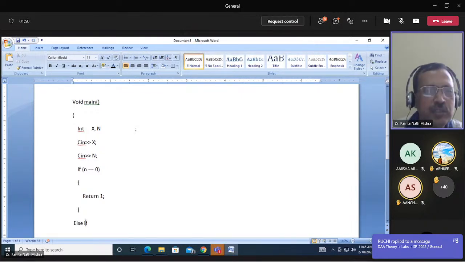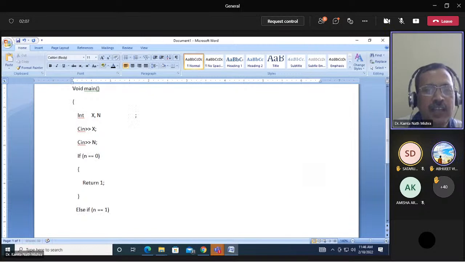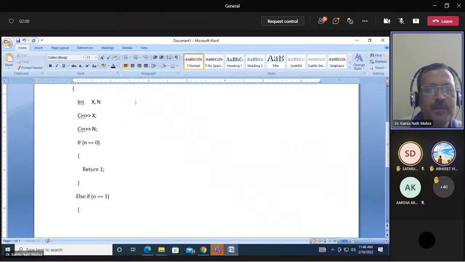Take the next condition: n equals 1. Then what will you return? Return x. Return x.